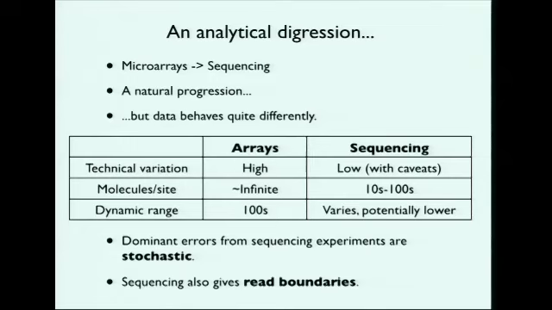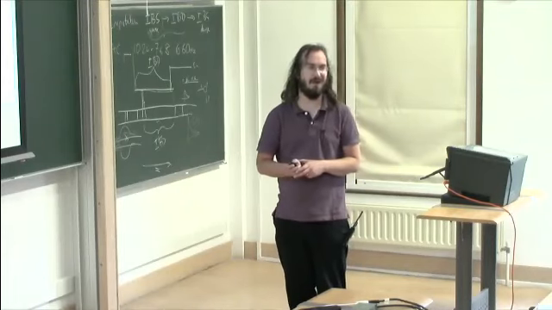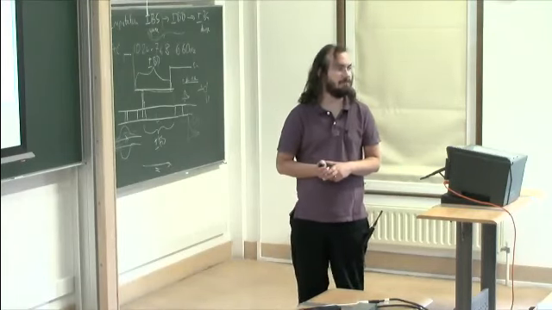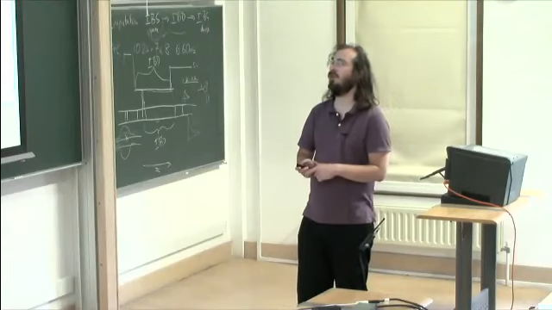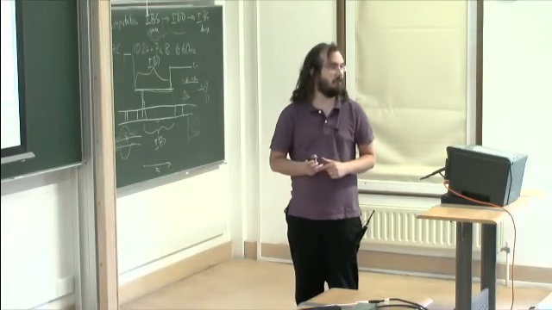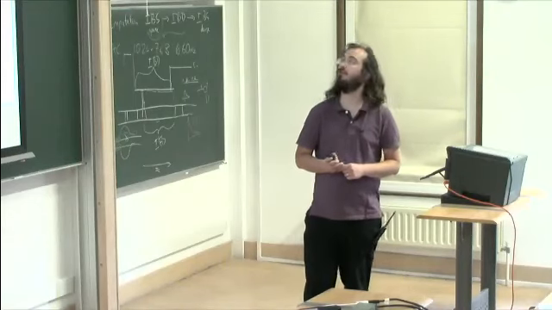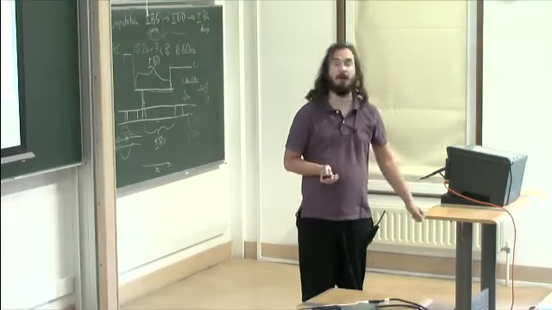One reason is that for arrays, the amount of technical, hard to explain noise is pretty high. For sequencing, with some caveats like the compositional biases that people have already been talking about, I'd say the level of technical variation is lower.